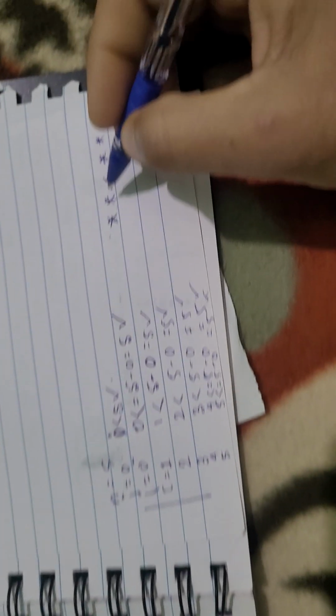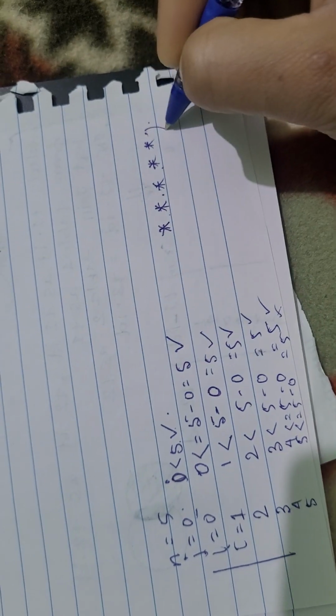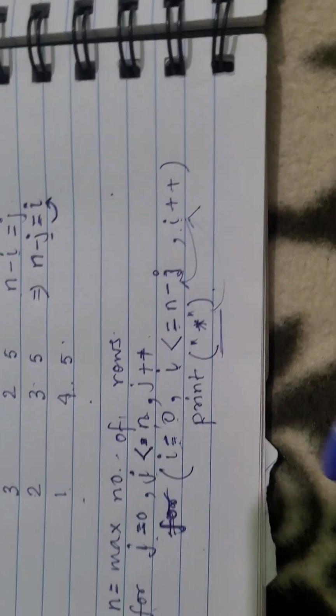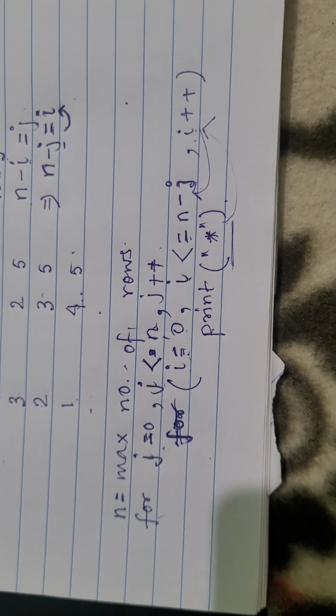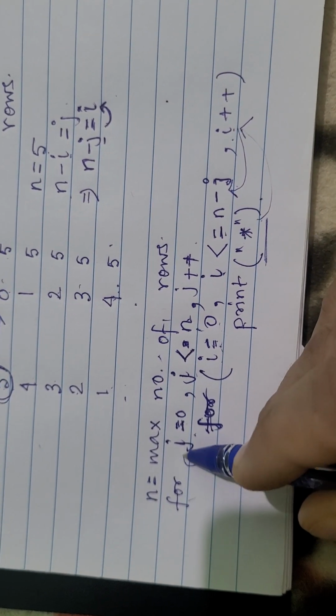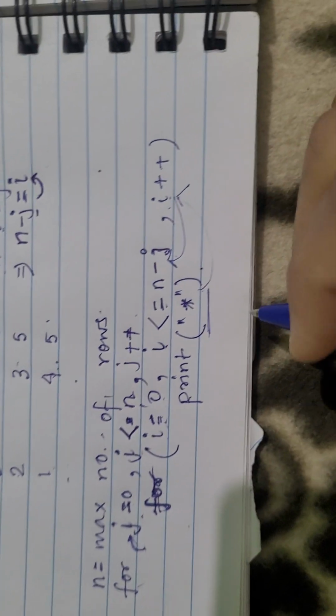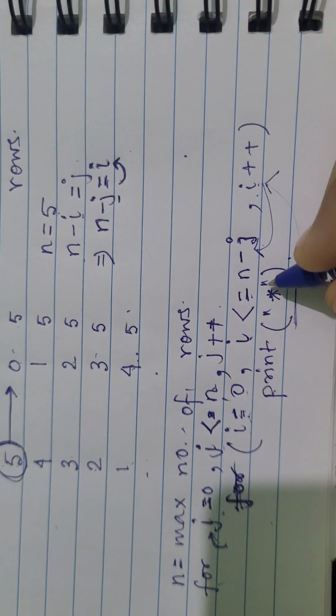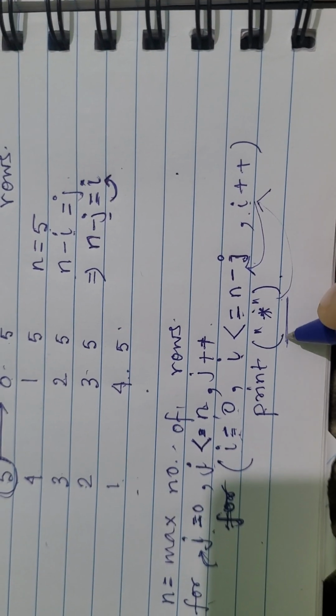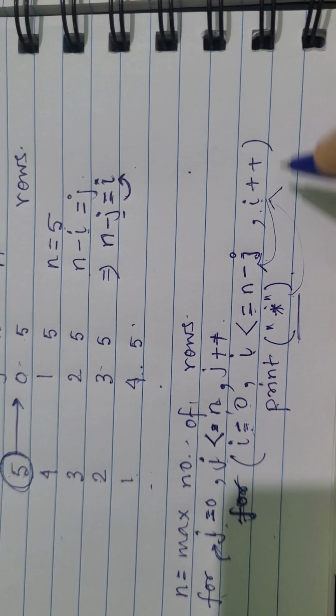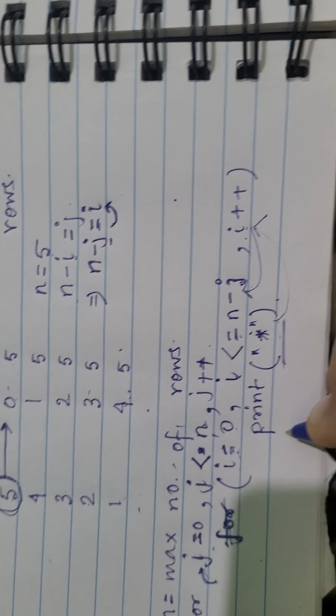Now this many stars have been printed. Now you want to go to the second line. Since this is over, the second loop will run from here. Like in Python, at the end, once you have printed all of them, you write print end or something like change line.